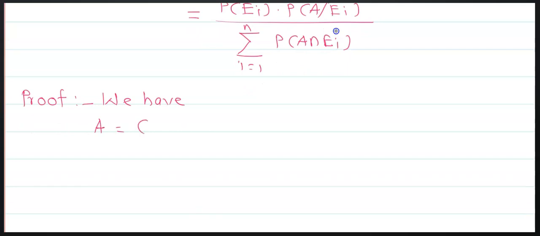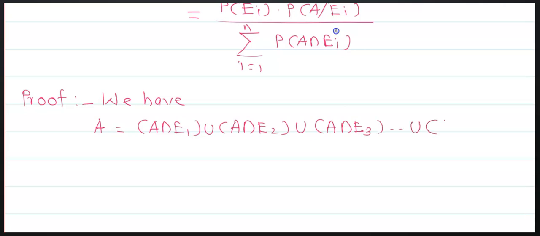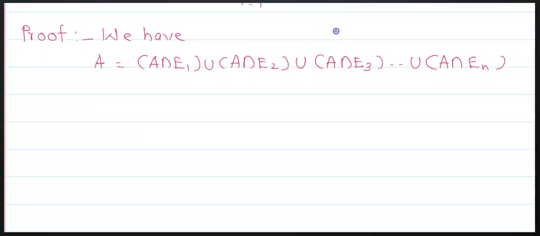Now the proof. We have A equals A intersection E1 union A intersection E2 union A intersection E3 up to union A intersection En.